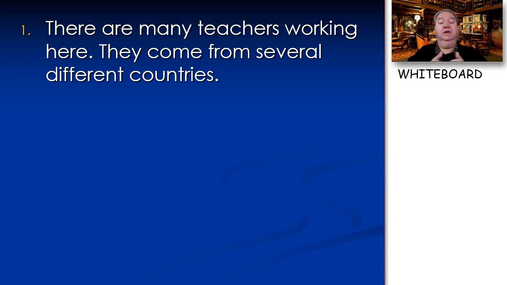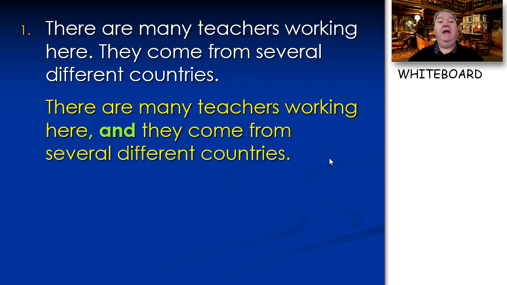So this, grammatically, is correct, but because they are related, we can join them together to make it a little more simple, a little more to show that connection, to show how closely they are connected. So we said that there are many teachers working here, and they come from several different countries.